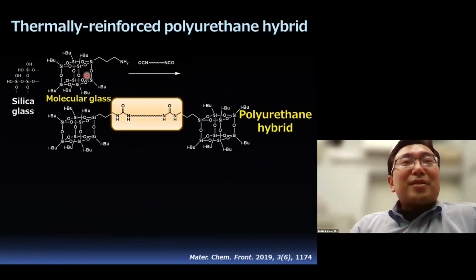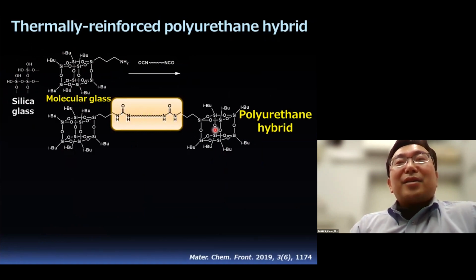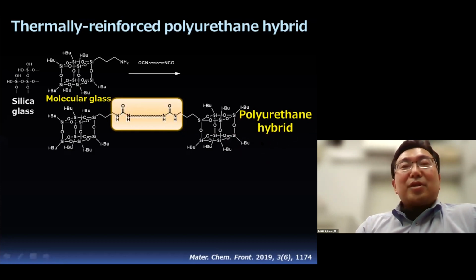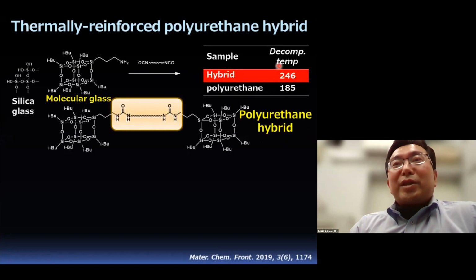By introducing this molecular glass at the end of polyurethane, we obtained polyurethane hybrid materials. We measured the decomposition temperature, and a higher decomposition temperature was obtained from the hybrid materials. This means that by introducing molecular glass at the end of the polymer chain, the thermal stability is greatly enhanced.